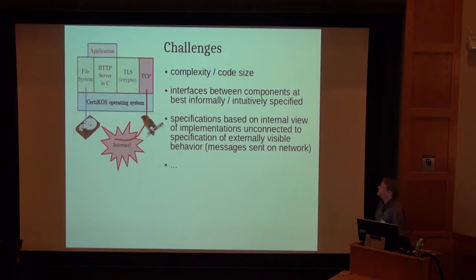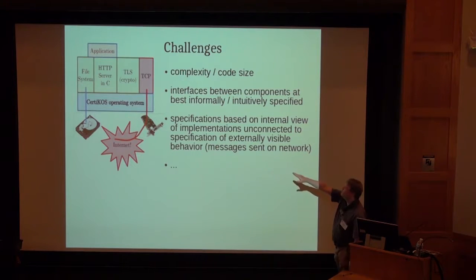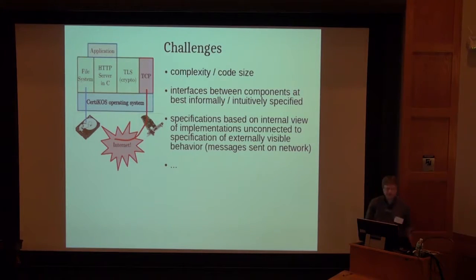So one of the challenges that we're facing is, for example, to give precise specifications of operating system calls that can be assumed by a VST proof and can, on the other hand, be materialized and guaranteed by the CertiKOS operating system. And we'll see one or two examples of that in the talk.